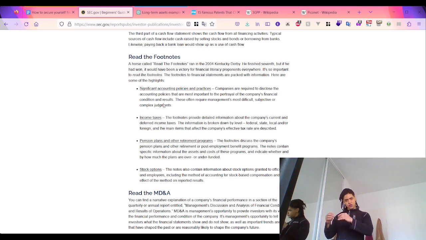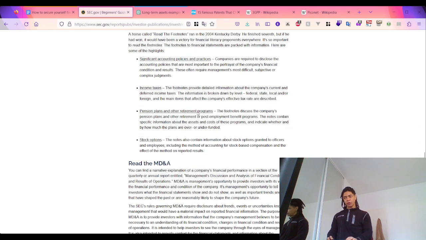The footnote provides more detailed information about the company's current and deferred income taxes, as well as a breakdown by level, like federal, state, city or local, and foreign taxes. Pension plans and other retirement programs: the footnote discusses the company's pension plans and other retirement or post-employment benefits.